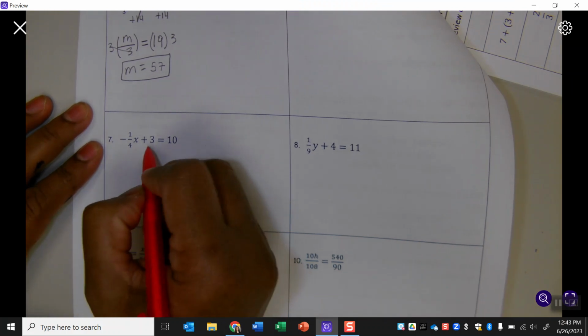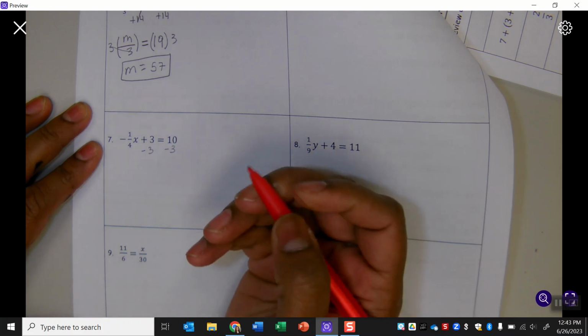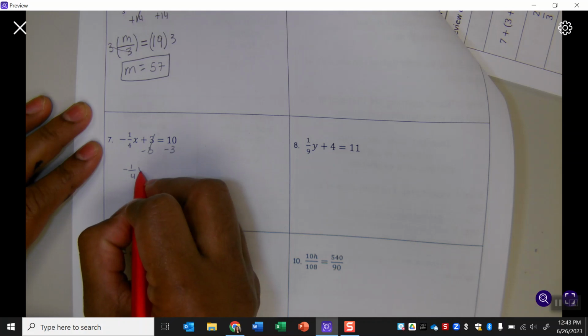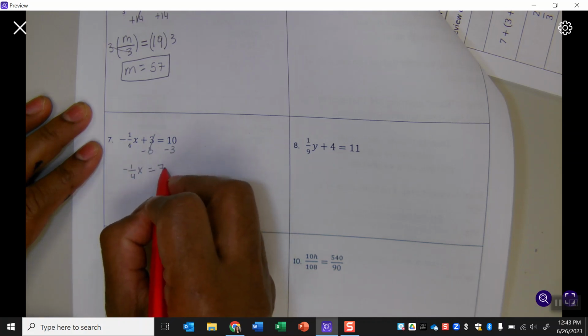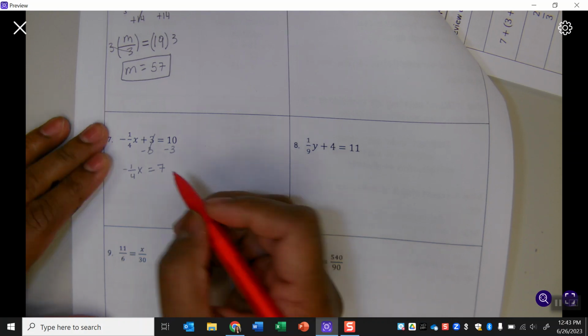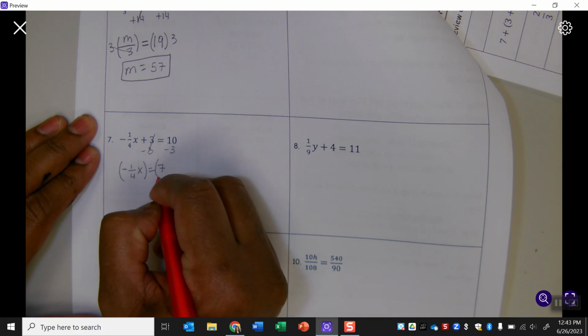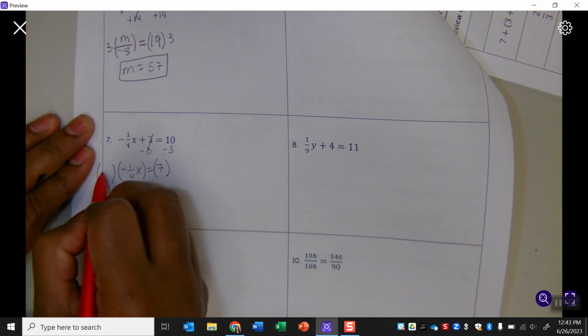Here's number 7. Similarly, I'm going to take out the constant. Again, the constant's the one that doesn't have the variable attached to it. Then bring this down, negative 1/4 x. 10 minus 3 is 7. Now how do I get rid of this fraction, and also the negative? I'm going to put parentheses on both sides and multiply by the reciprocal.